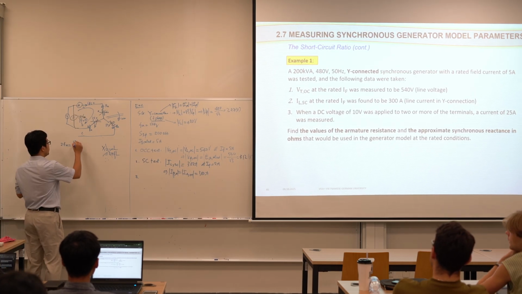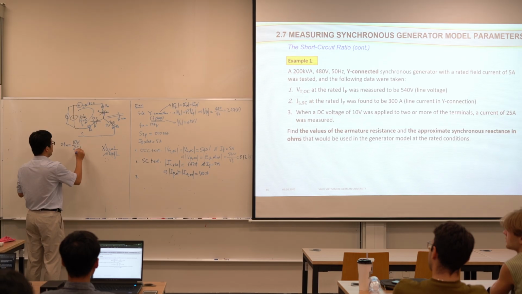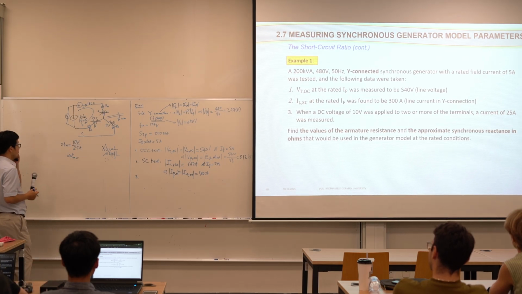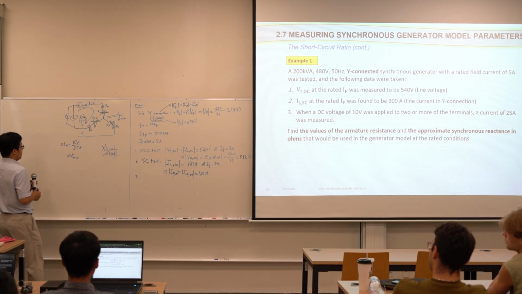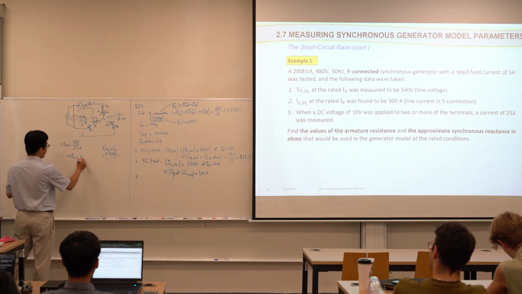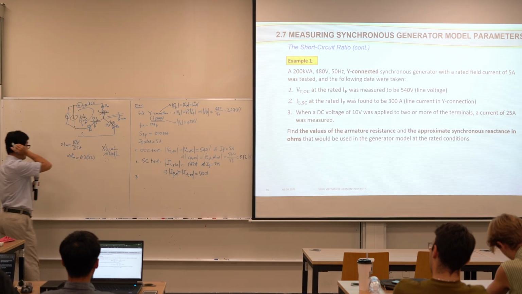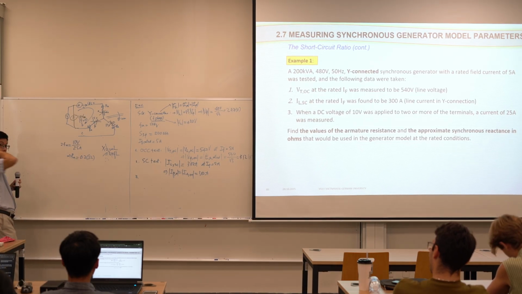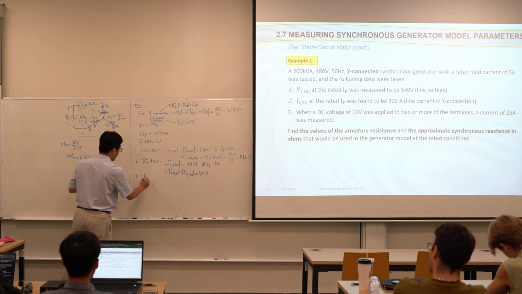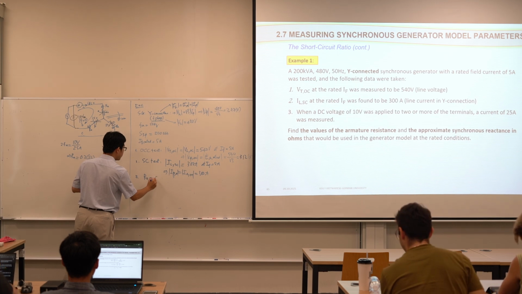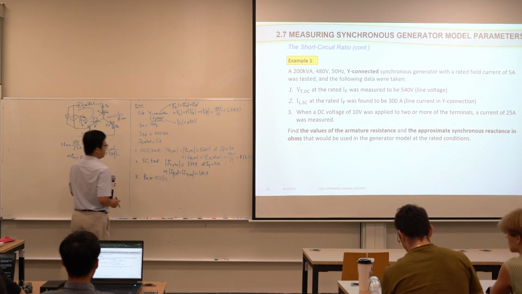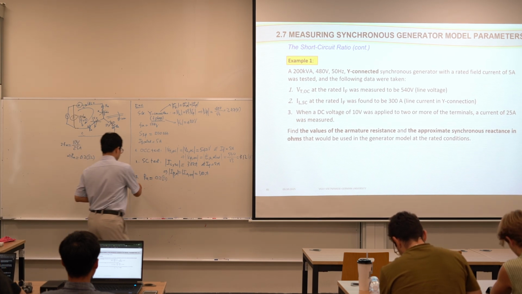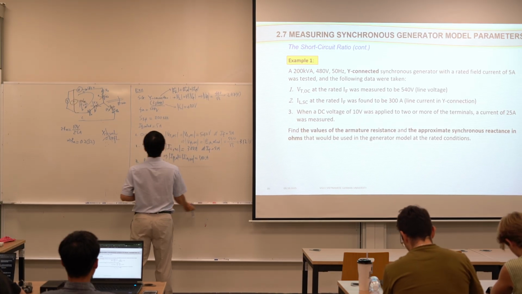So we have 10 volt over 25 amperes. So we can get 0.4 ohms. So in conclusion, RA is 0.2 ohm. So, questions? Any questions?